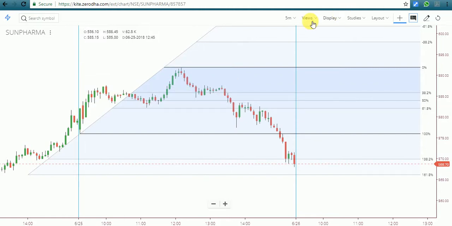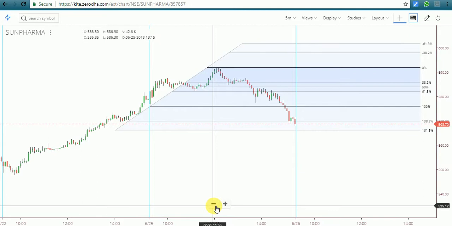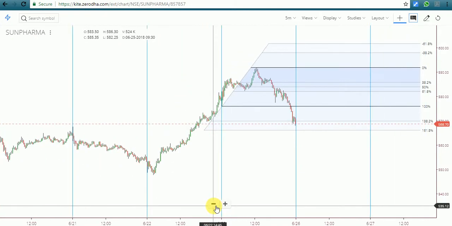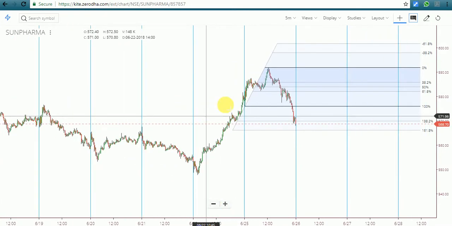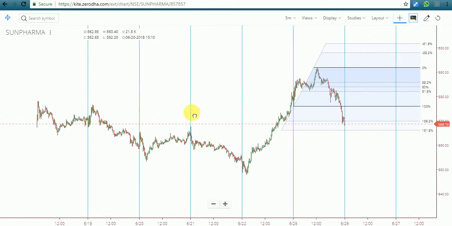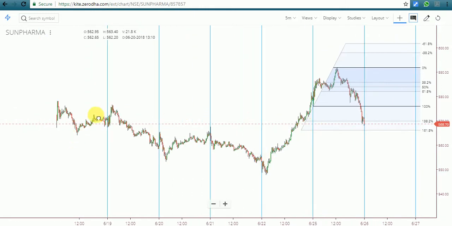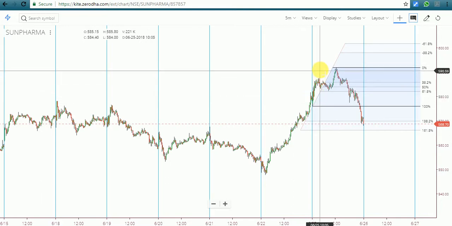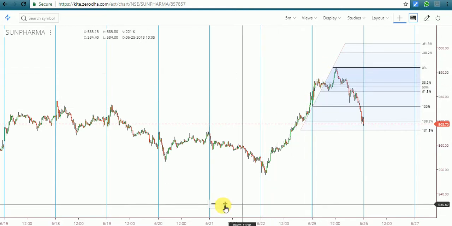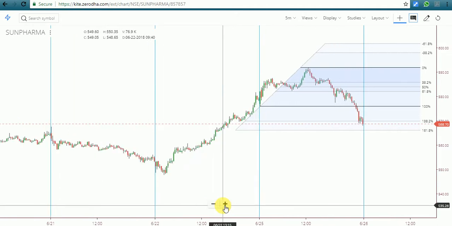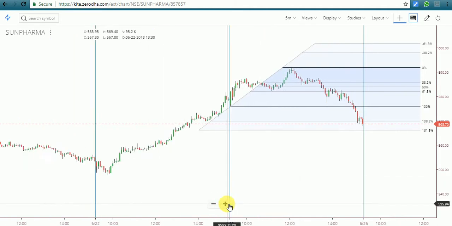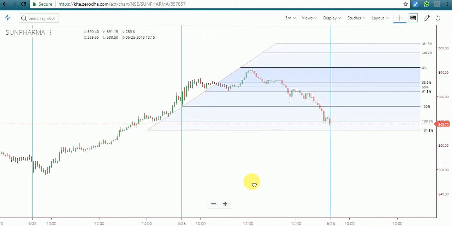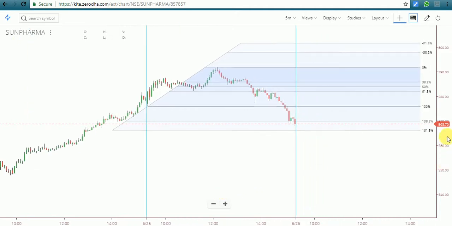Because if I see this clearly, since so many days Sun Pharma has broken levels. It nicely broke levels. So I know very well that it may give us a correction, or the downtrend may go negative also.